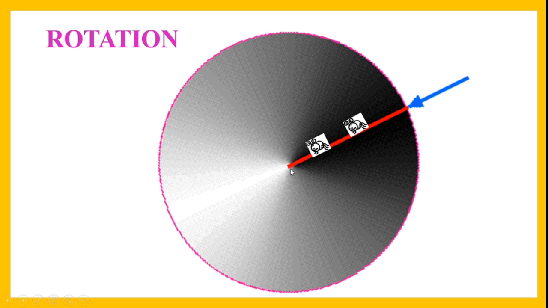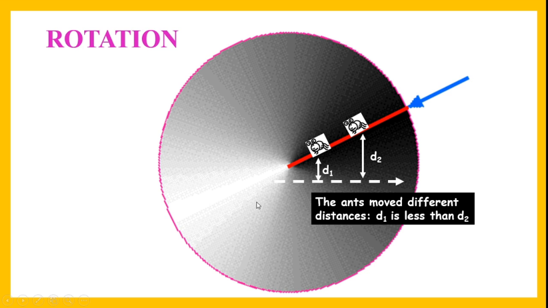Let us say this dotted line is the previous case that we have seen. Now the ants have moved different distances from where they were earlier.